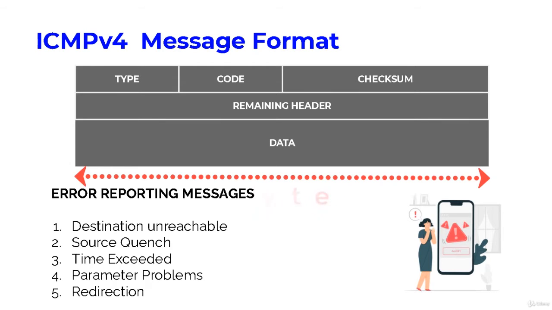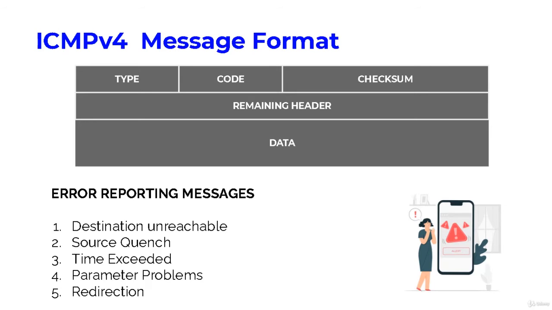Now, let us have a look at ICMP message format. As you can see on the screen, the header of an ICMP message is 8 bytes long and the data section is of variable size. The general header format for each ICMP message is different, but the first 4 bytes are common to all the message types. First one is type. This 8-bit field is used for defining the types of messages. Second is code.